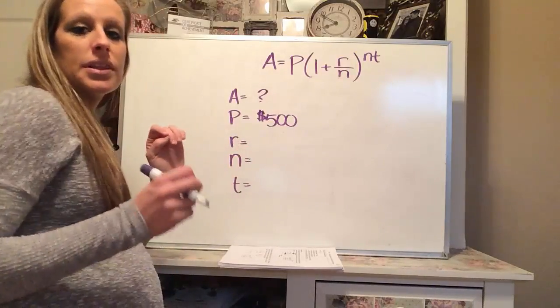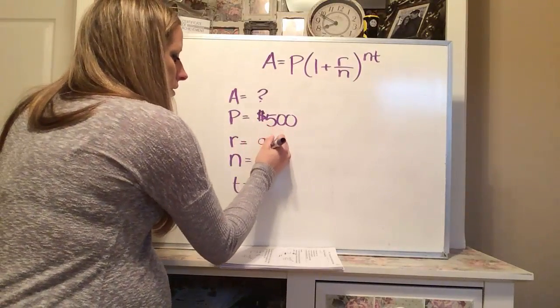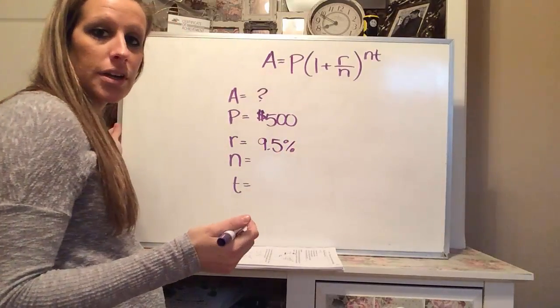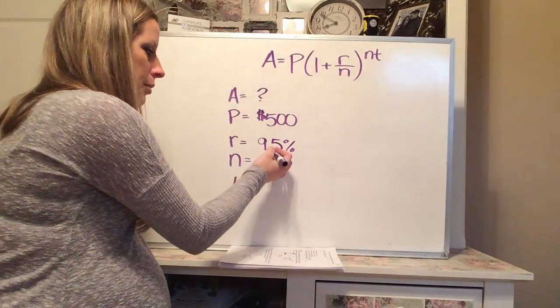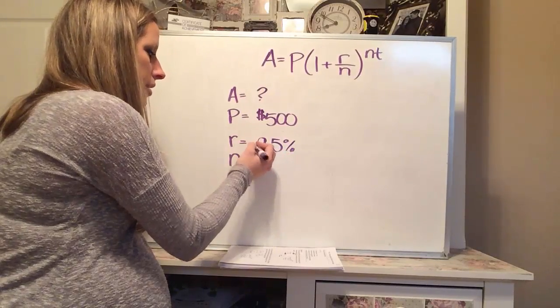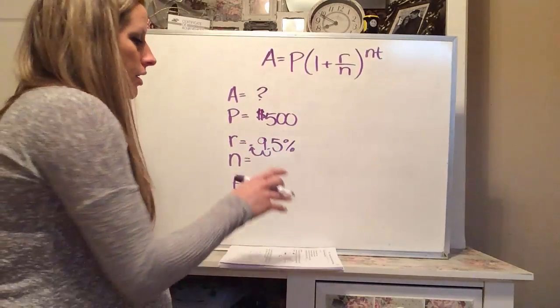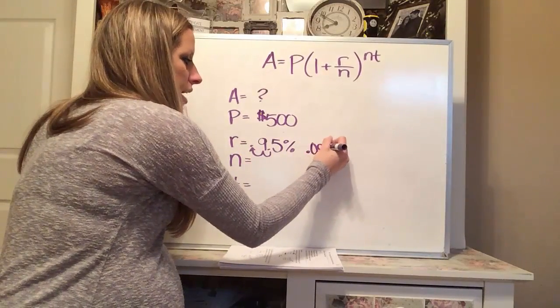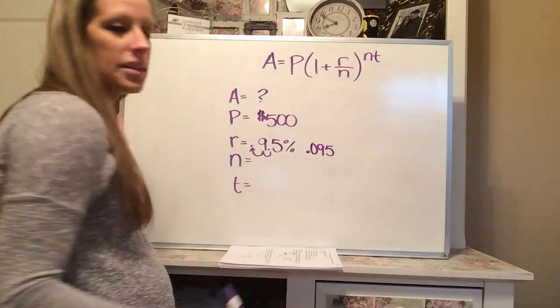So if we're going to put that 9.5% into a decimal, I don't know if y'all remember or not, that decimal is going to move to the left 2 spots. Okay, so my rate is going to be 0.095. That's what I'm going to use.